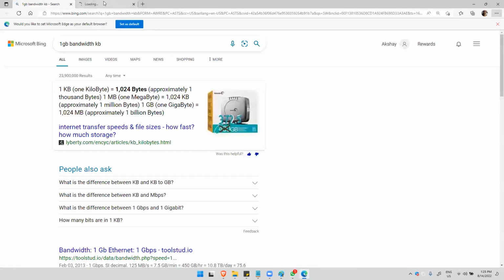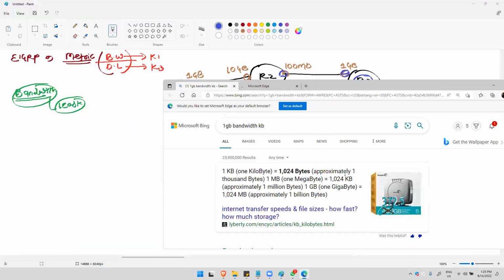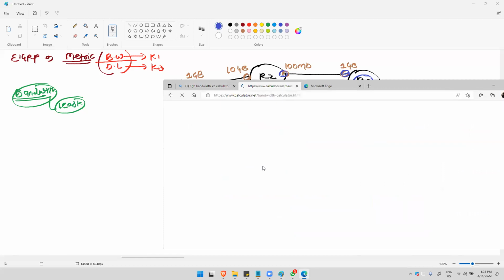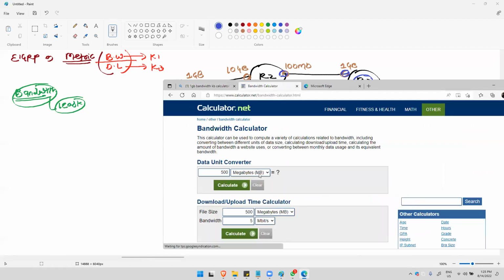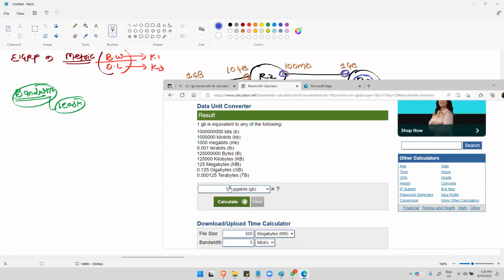So 1 GB is how many KB? Not 10,000. How many lakh? 10 lakh. Clear? 10 lakh. Okay.